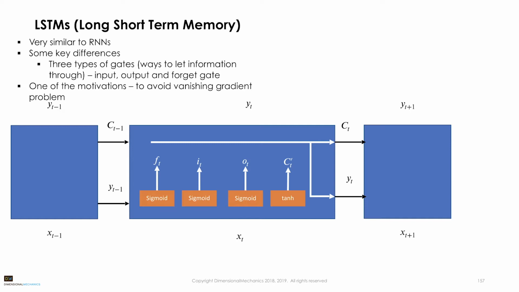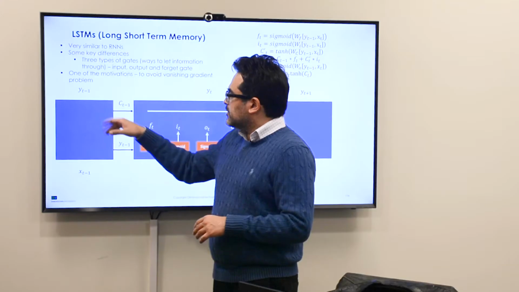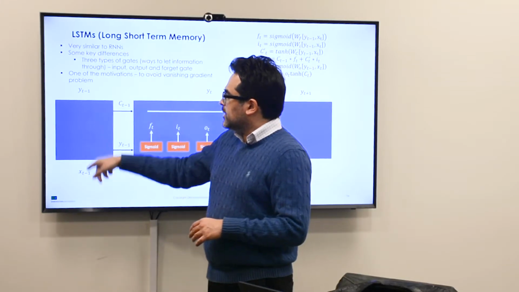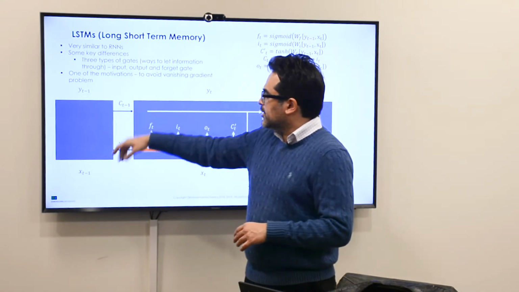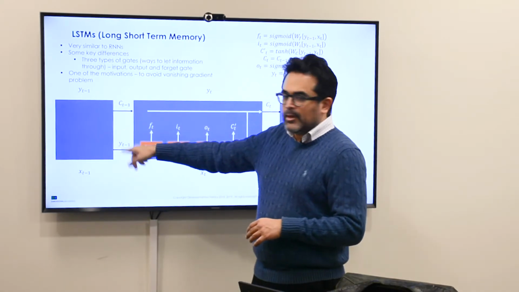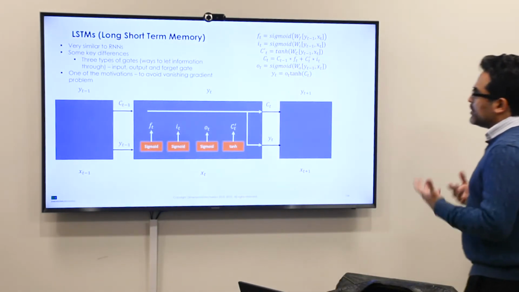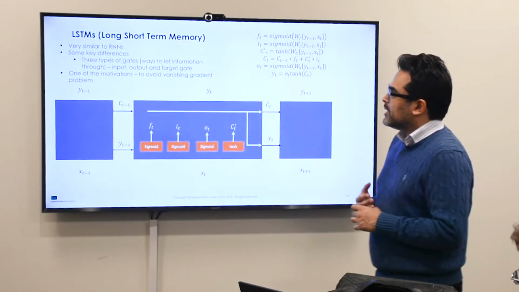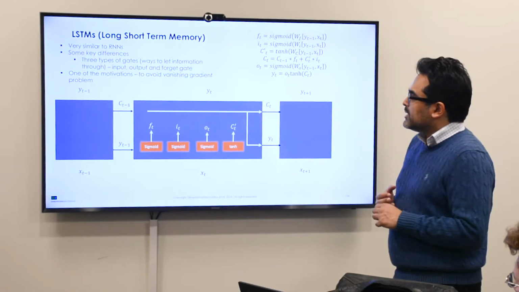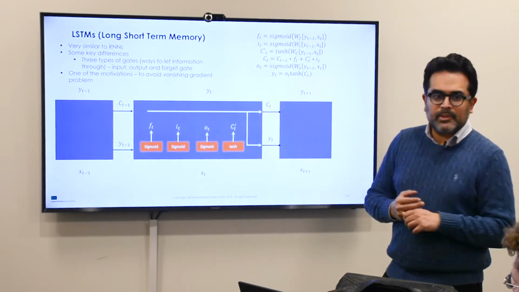So an LSTM is very similar. Again, you have the t minus 1, and then you have a state going across, and you also have the output going across into the next one. Here it's a little bit more complicated because you have an input, output, and forget gate.